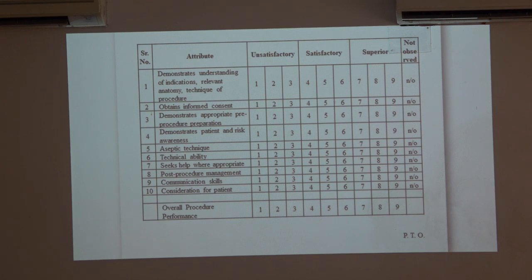And when the same procedure DOPS are done multiple times, the aggregate should have at least each one of these areas, whether it was unsatisfactory or whatever. But consider he did 5 DOPS for RT insertion, then it cannot have any one aspect or attribute not observed in all of them. Every attribute has to be seen at least in one.